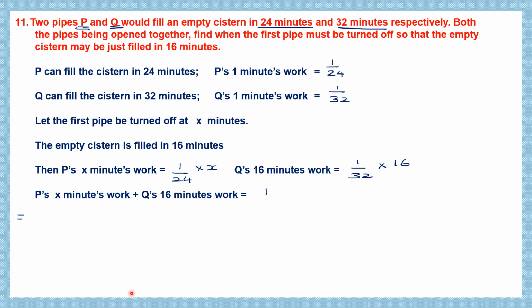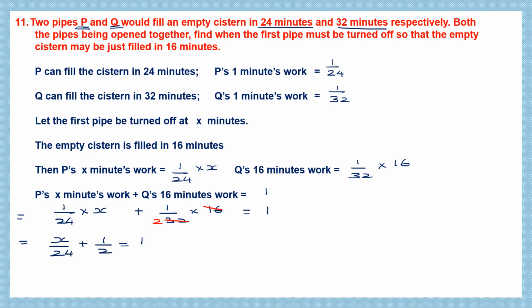P's X minutes work is 1 by 24 into X, plus Q's 16 minutes work is 1 by 32 into 16. So this will be x by 24, and here we can cancel 16 and 32. 16 2s are 32, so it's just 1 by 2. So x by 24 plus 1 by 2 is equal to 1.